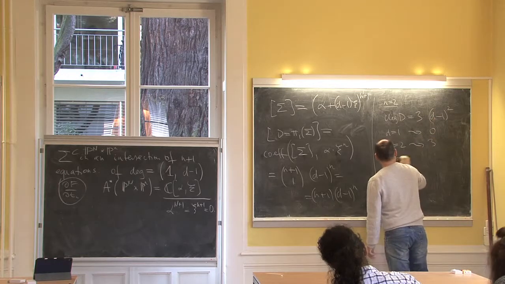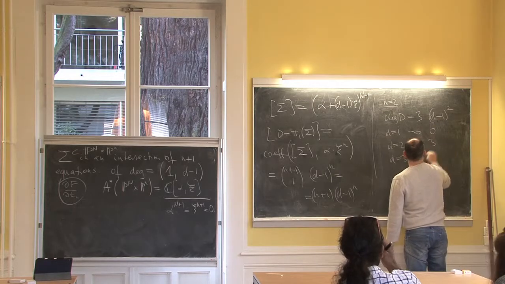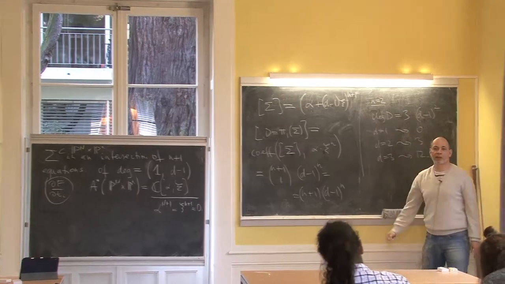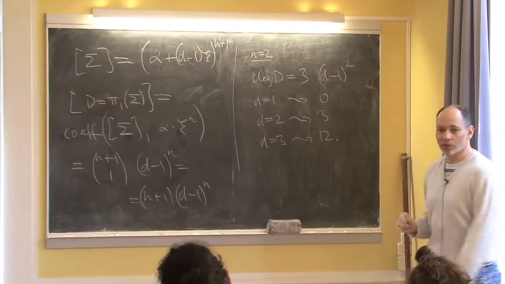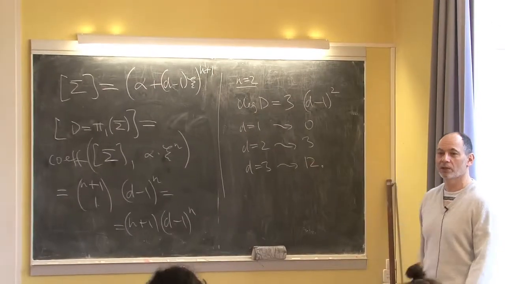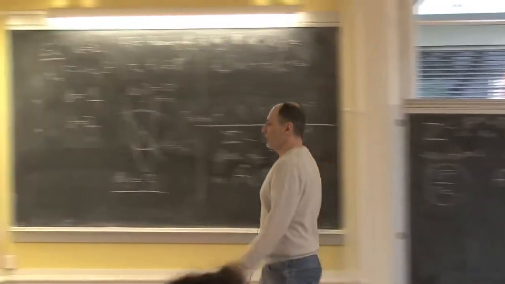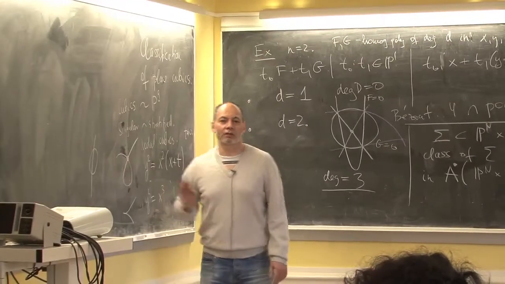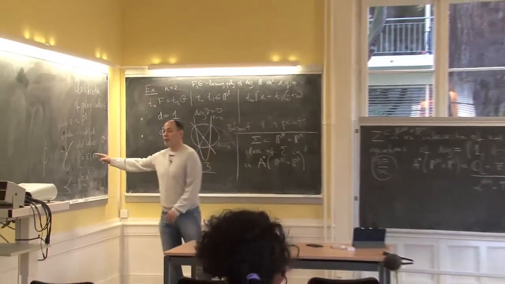And if d is 3, it gives me 3 times 2 squared, that's 12. Okay, so we recovered brilliantly our d equals 1 giving 0, the lines, d equals 2 giving 3, that's the picture over there. And we also got the answer we were missing for plane cubics, which is this. So in a generic family of plane cubics, there are 12 nodal cubics of this form.